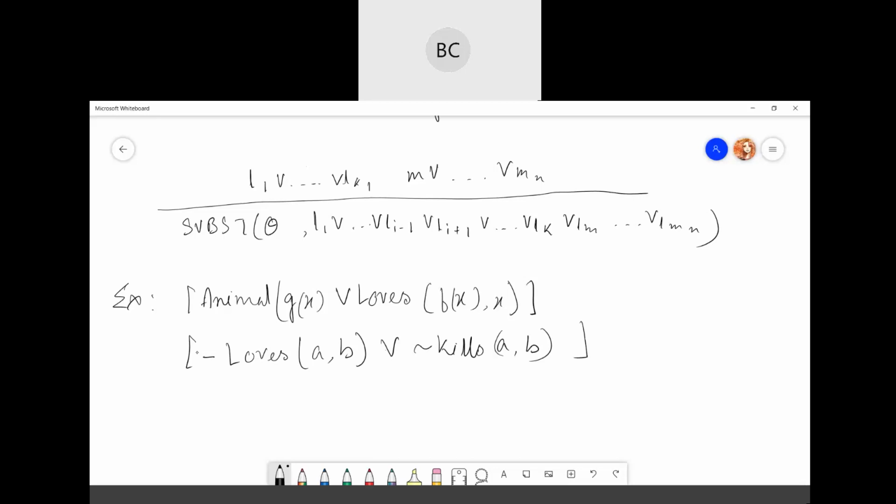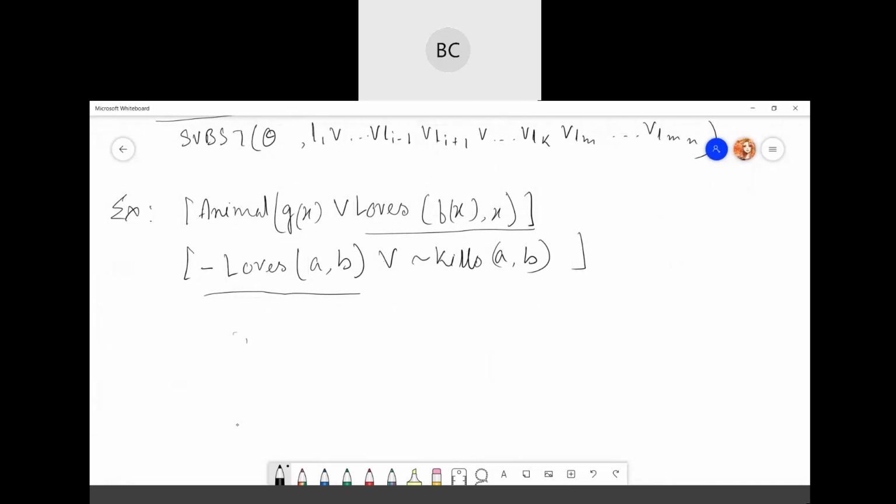Okay, so here we have two complementary literals. One is Loves(f(x), x) and the other is not Loves(a, b). So these literals are complementary to each other and can be unified with the unifier.